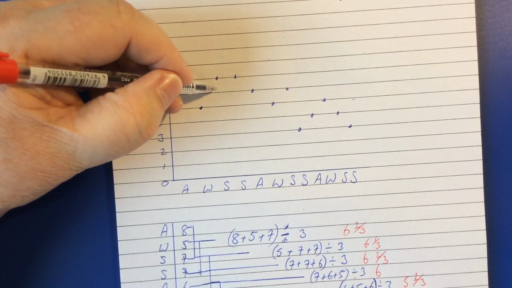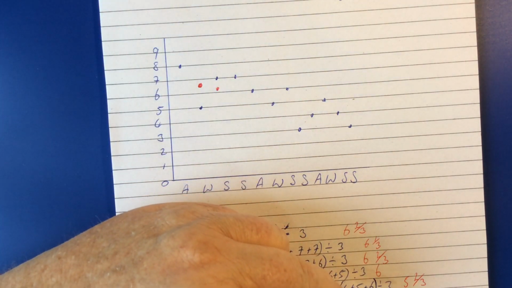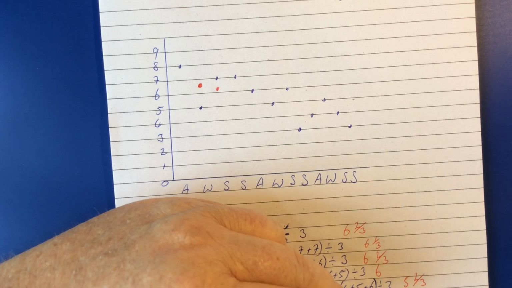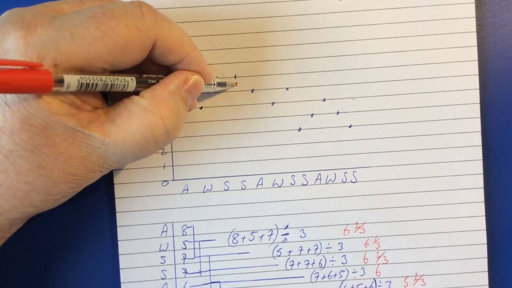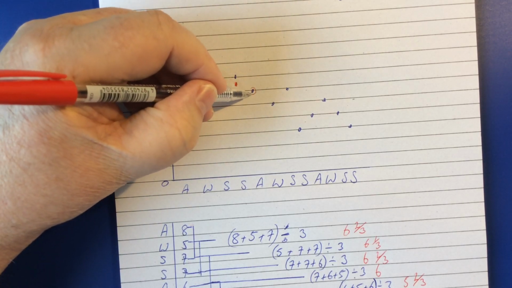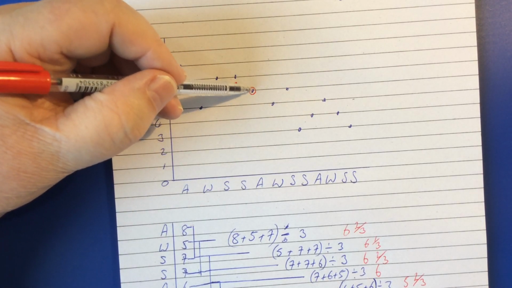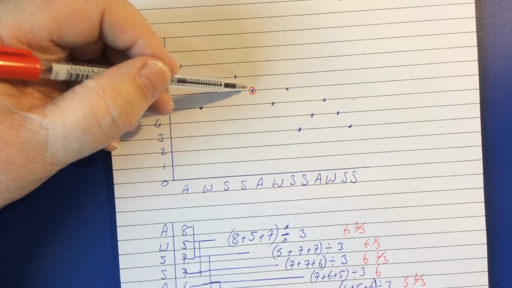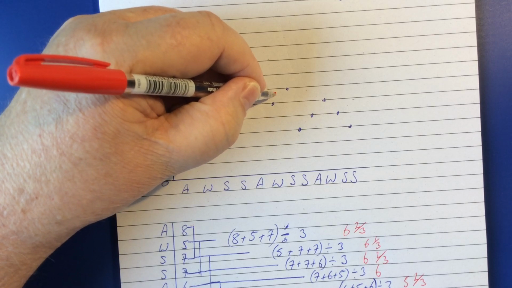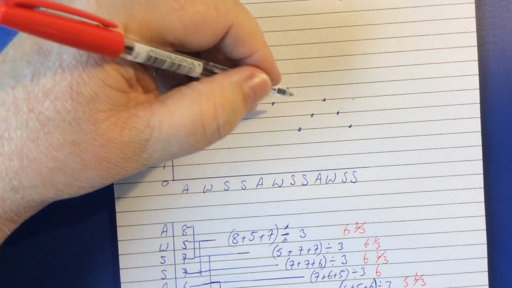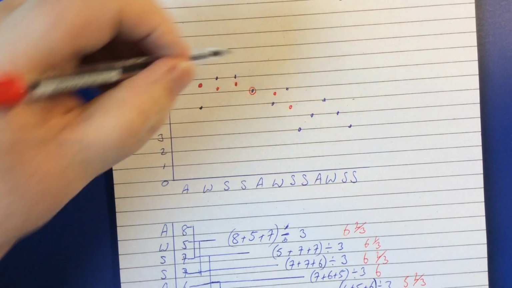My next piece of data is 6 1/3. So I'm now just working down through this. And then 6 2/3. And then 6, I'm just going to circle that to show that the actual data is on top of the averaged, and then 5 2/3, which is here, and then 4 2/3, which is here.